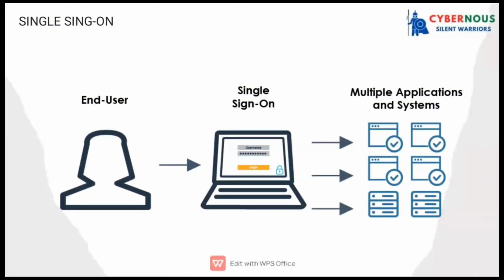Hi there. You know how difficult it is when you go to your company and, on a daily basis, as part of your job role, you have access to 20 different applications every day. And for these 20 different applications, you have different sets of credentials.